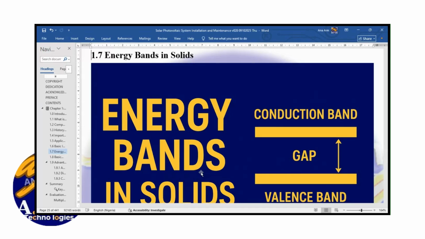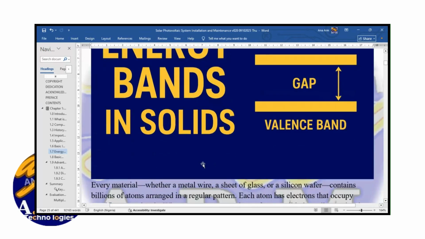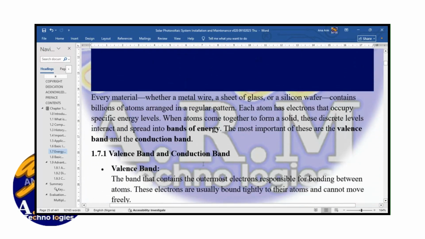Let's get started with energy bands in solids, a fundamental concept that explains how electrons behave inside materials and why some materials conduct electricity while others do not. Every material, whether a metal wire, a sheet of glass, or a silicon wafer, contains billions of atoms arranged in a regular pattern.